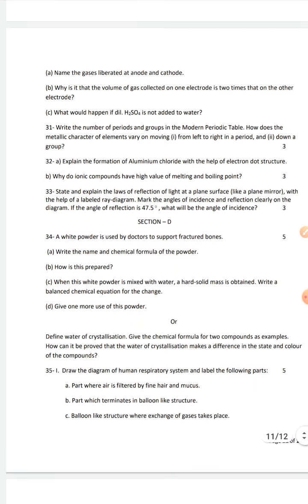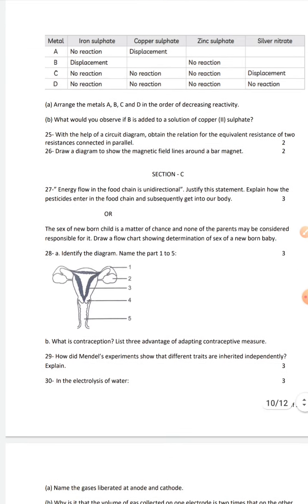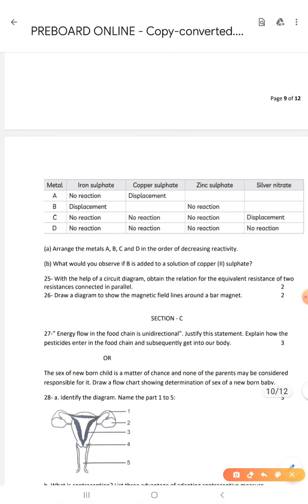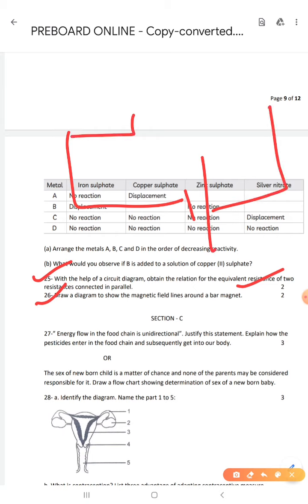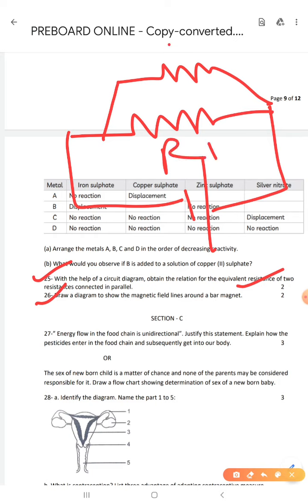Then after that, we have these two important questions, 25 and 26. We already discussed these questions so many times. Equivalent resistance when they are connected in a parallel combination. This is one resistance and this is the second resistance, R1 and R2.